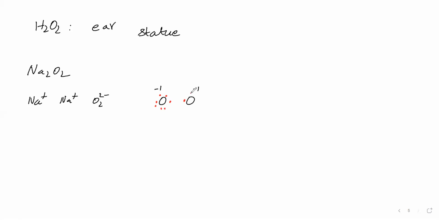For this O- also 7 electrons. Next, between O and O, we will give a single bond. This is peroxide ion. This is called peroxy linkage.